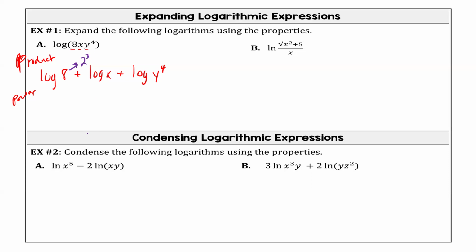Agree? Because 2 times 2 times 2 is 8. So when I use the power property, I also can apply it to the log of 8. The log of 8 becomes 3 log of 2, and then plus log x plus, and then the power of y becomes its coefficient, 4 log y. And that would be the simplified and expanded form.